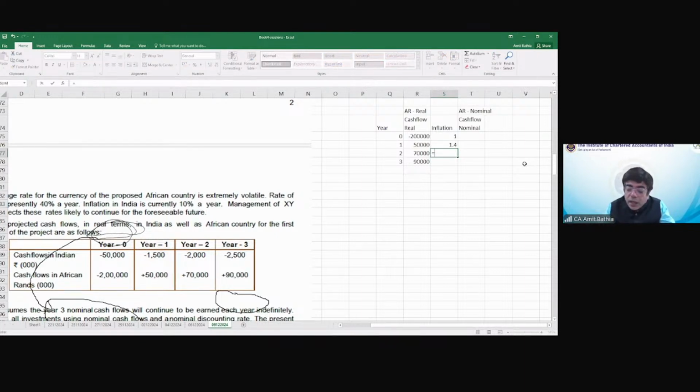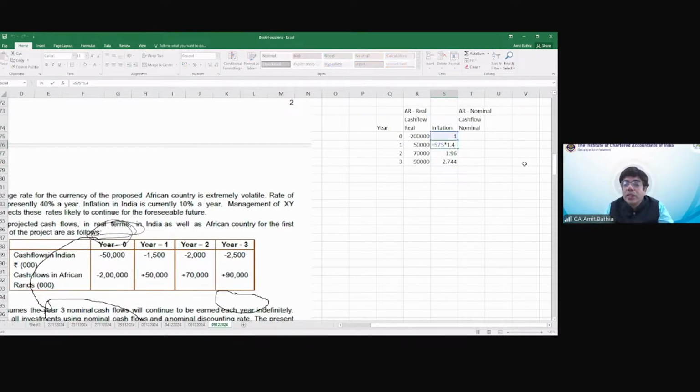Similarly, or rather African rand, something that was available to you at 1.4 at the end of year 1, you will have to pay another 40% inflation on it. So that becomes 1.96. And again, what was available at 1.96 Rand at the end of year 2, you will have to pay 40% more to buy the same thing. So this is the inflation effect.